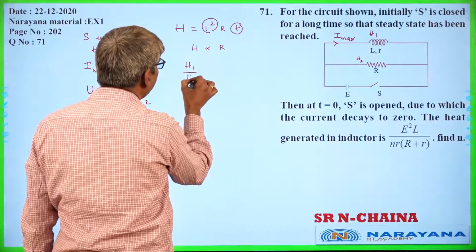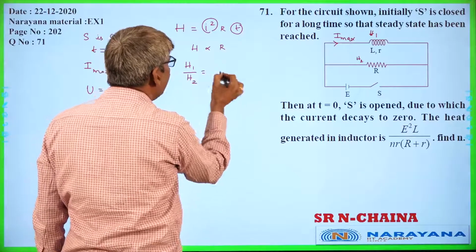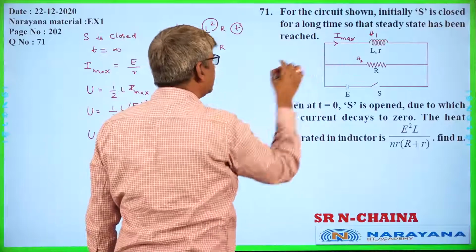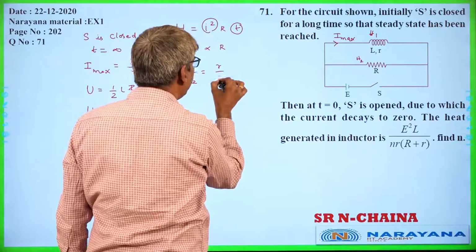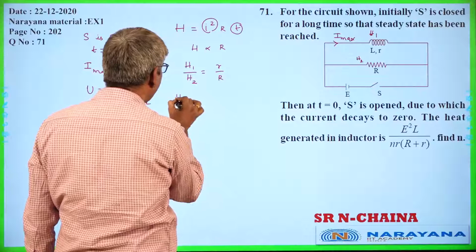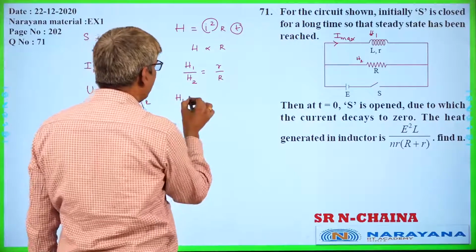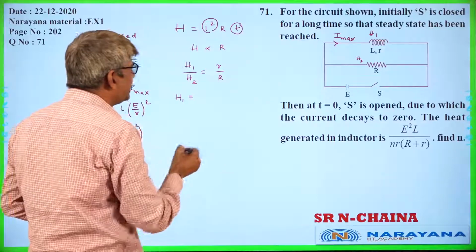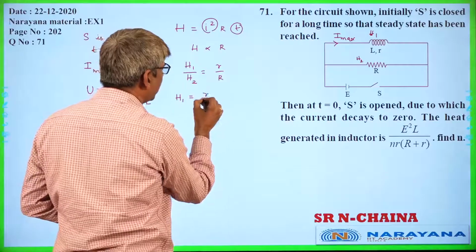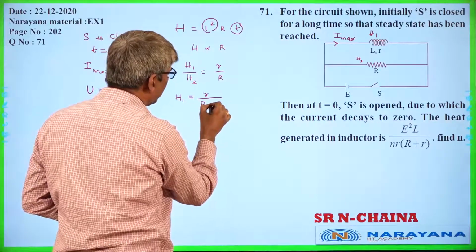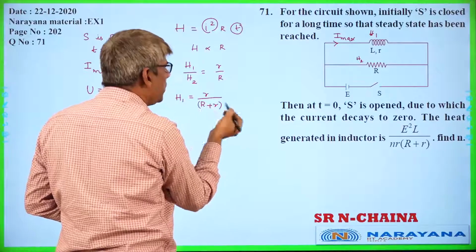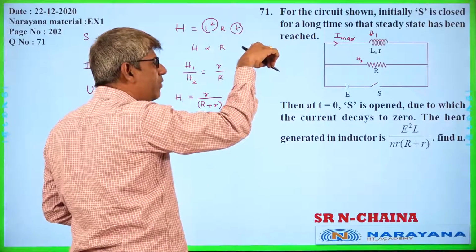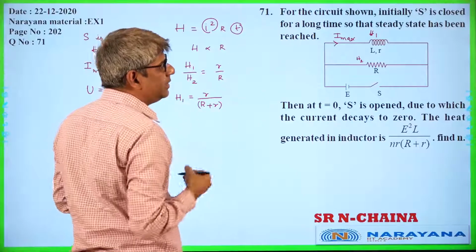First of all, write the ratio, H1, meaning in the resistance of the inductor, small r by capital R. Now by the method of proportions, H1 is equal to, I want only the heat energy generated in the inductor. Its proportion is small r by total proportion into the total heat energy before opening the key.